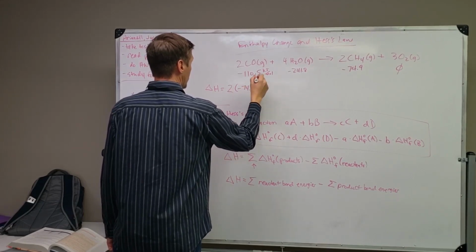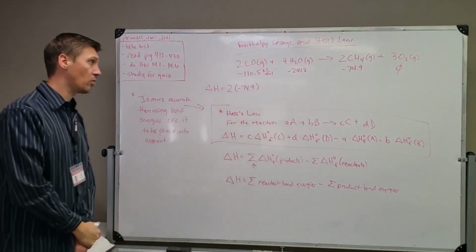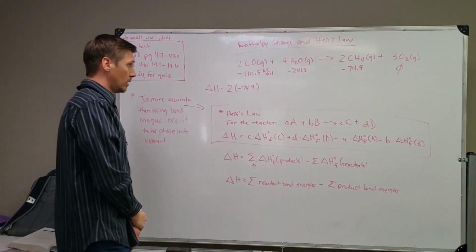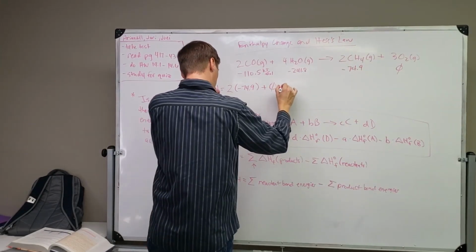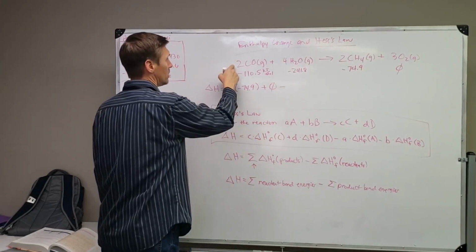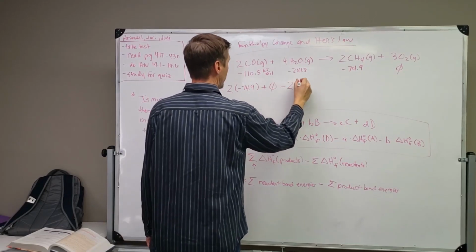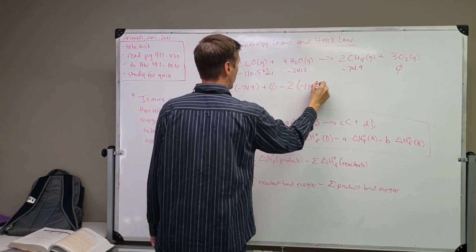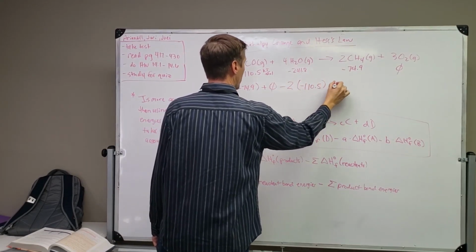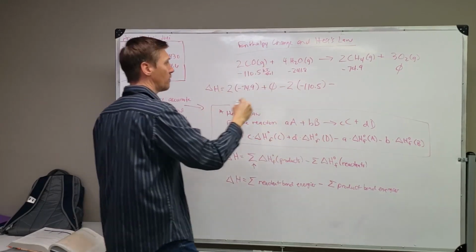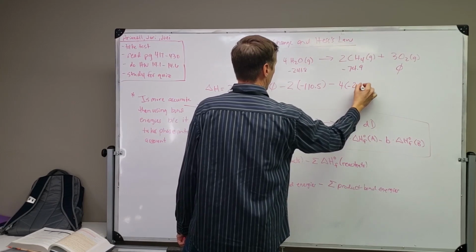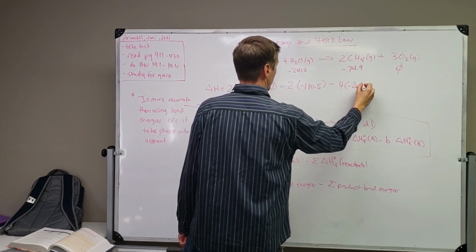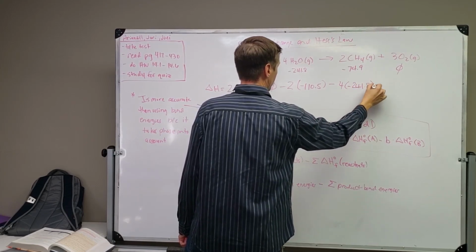The standard enthalpy of formation of methane is negative 74.9, right? Plus our oxygen, which is 0, minus this one here. We've got 2 moles of that times negative 110.5, minus, because it's on the reactant side, 4 moles of H2O, which has a standard enthalpy of formation of negative 241.8.